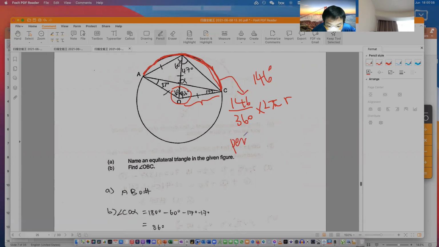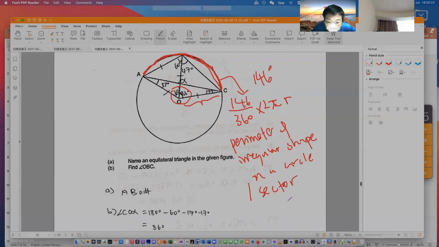This is called the perimeter of an irregular shape in a circle, or you call this a sector. So what are irregular shapes? Not quadrant, not semicircle.